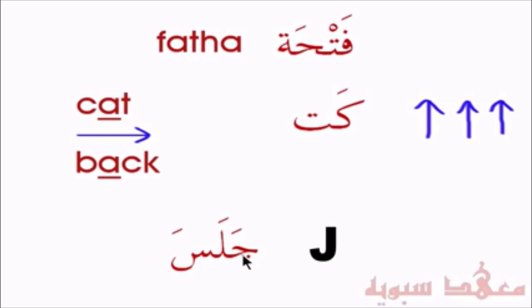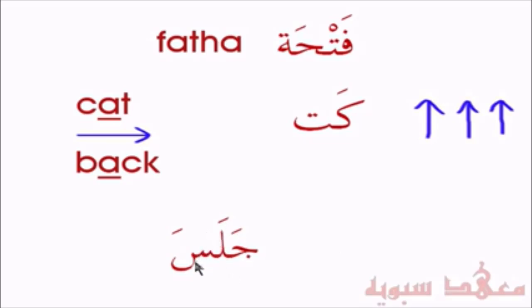So it's a j sound, and there's a fatha there. So this will be pronounced as ja. Then we have the lam here. That's equivalent to the letter L in English. Like the word look. To pronounce the lam with the fatha, it's la. So ja, la.